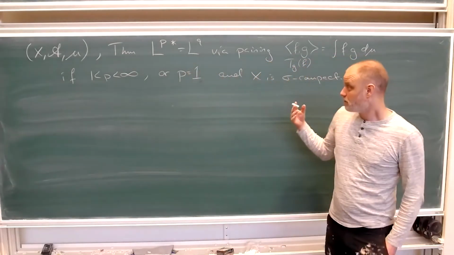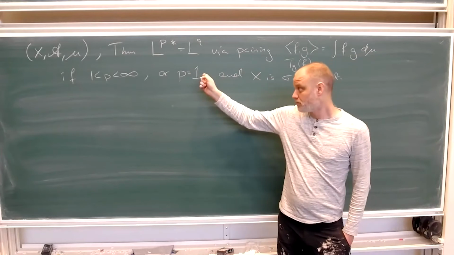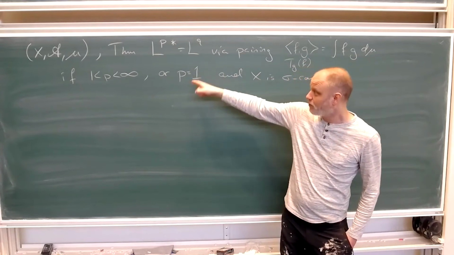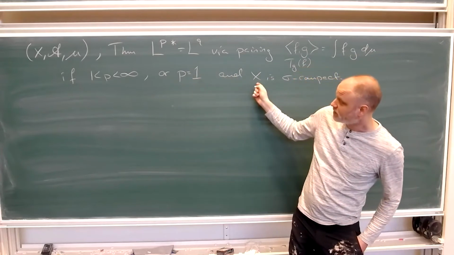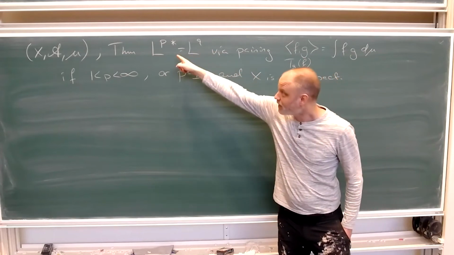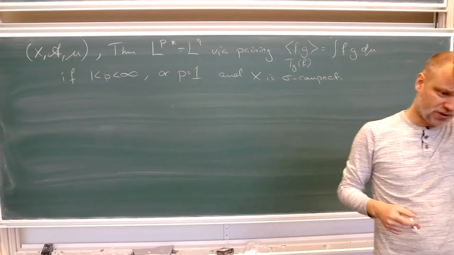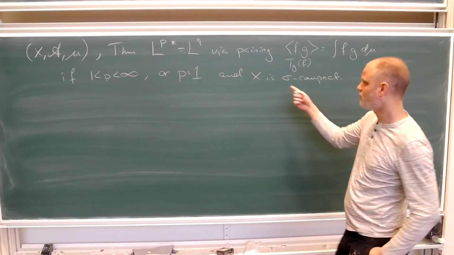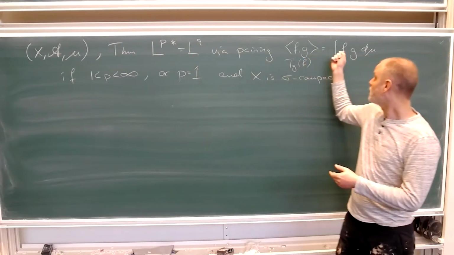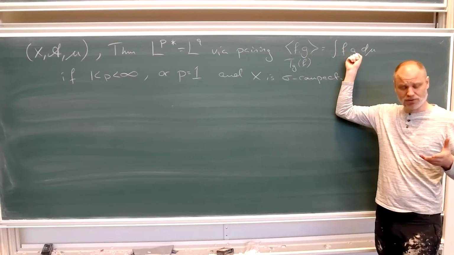So the dual then of L1 with this additional assumption is L infinity, right? So all bounded functions. And of course, if you take an L1 function and integrate it against an L infinity function, you get something bounded.